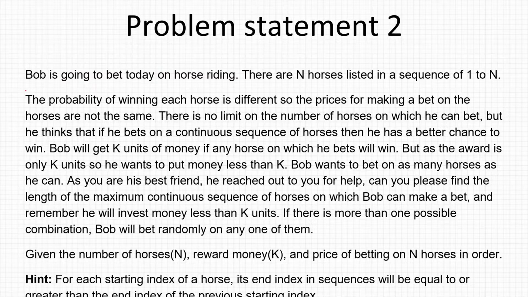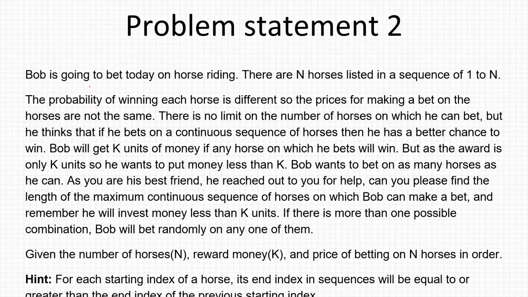So Alice's story is over. Now we are going back to Bob. Bob is going to bet today on horse riding. There are n horses listed in a sequence of 1 till n. Remember that they've clearly given you the sequence of 1 till n.